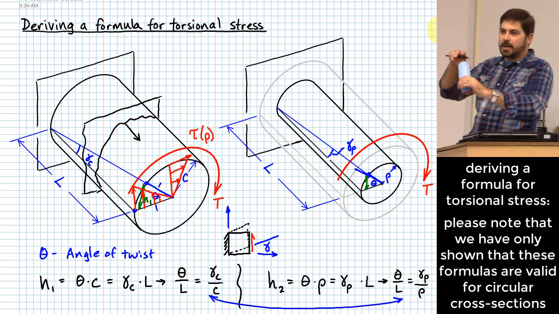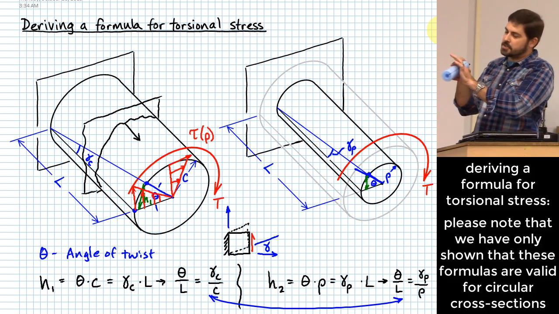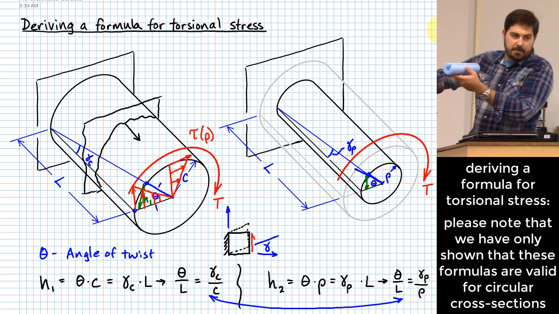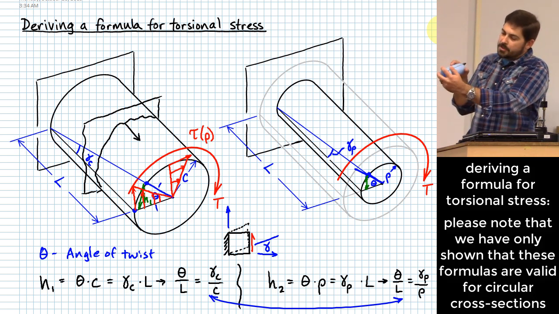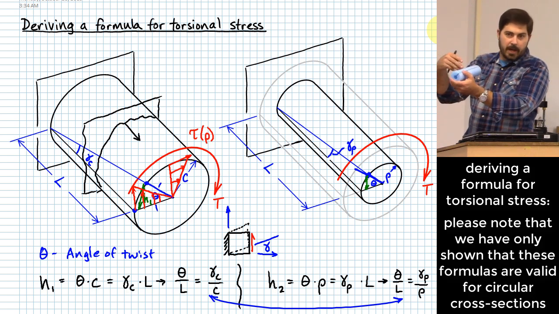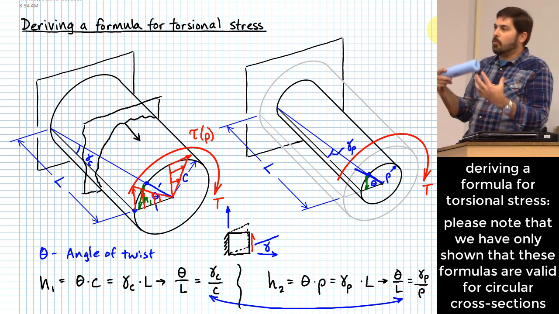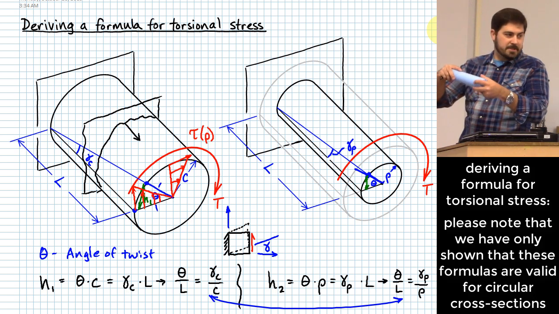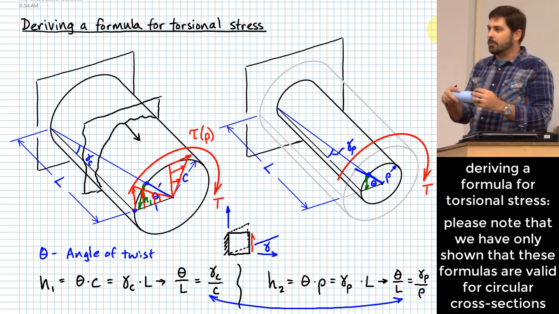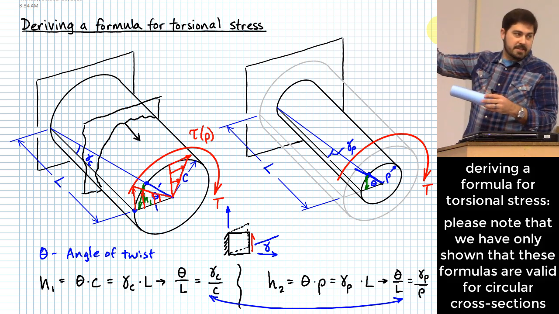If you try to twist something that does not start out cylindrical, then a cross section cut through the middle of the piece is not only going to twist, it's also going to warp. That represents more energy you've got to put into the piece of material, and it's going to cause stresses that we wouldn't have predicted using a technique like this.